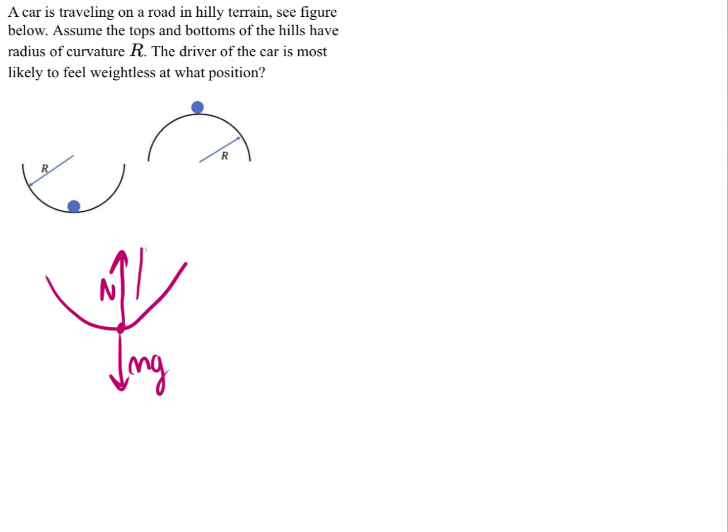Since this is at the bottom of the circle, there is going to be a centripetal acceleration towards the center of the circle. And the positive x direction will be pointing radially towards the center of the circle.